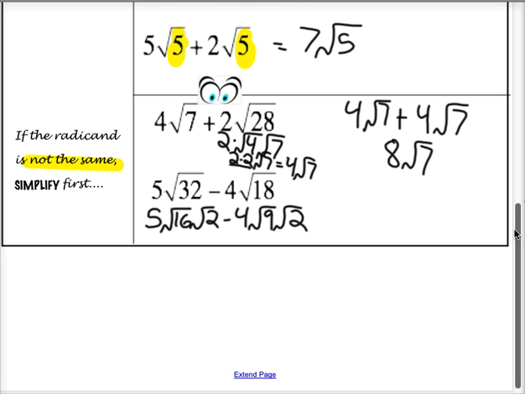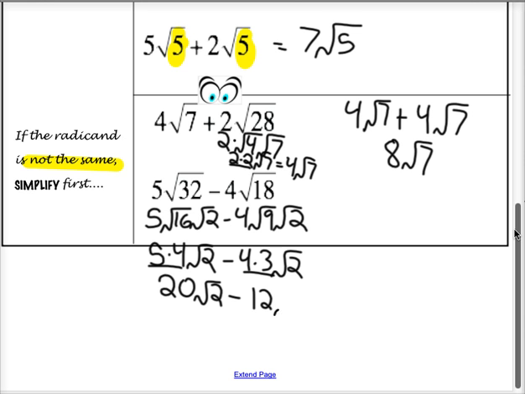Well, this will become a 4, and that will become a 3. So here, 5 times 4, I have 20 square roots of 2 here. 4 times 3, I have 12 square roots of 2 over there. So altogether, I have 8 square roots of 2.